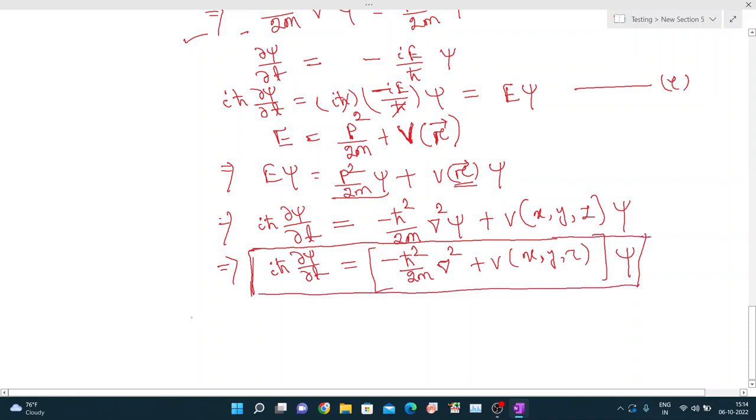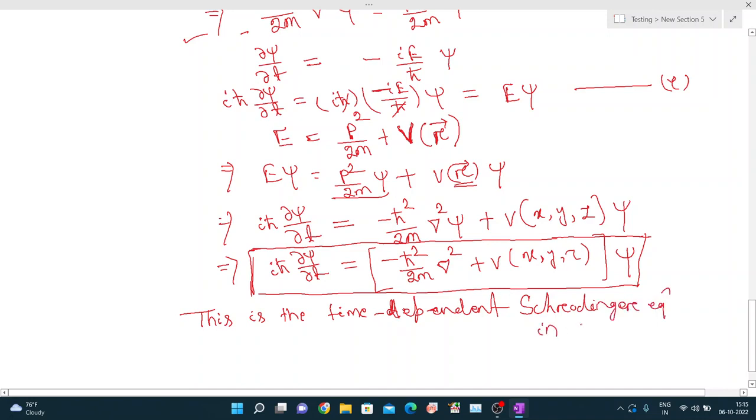So at the end you can write, this is the time dependent Schrodinger equation in 3 dimension.